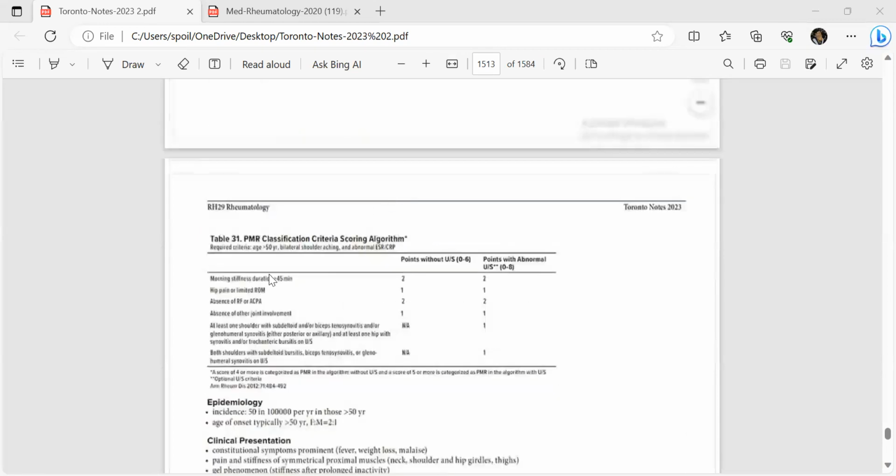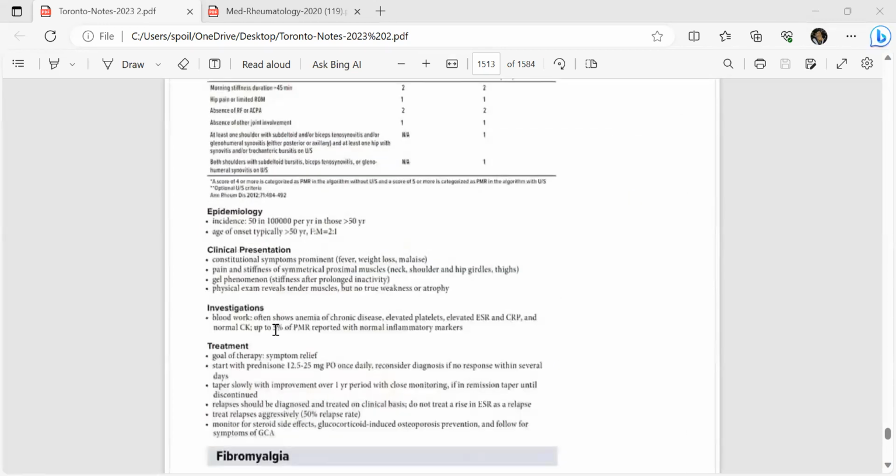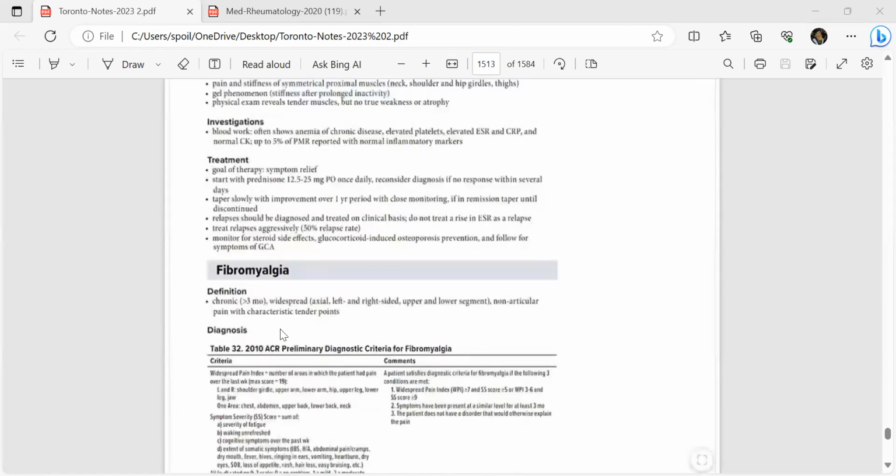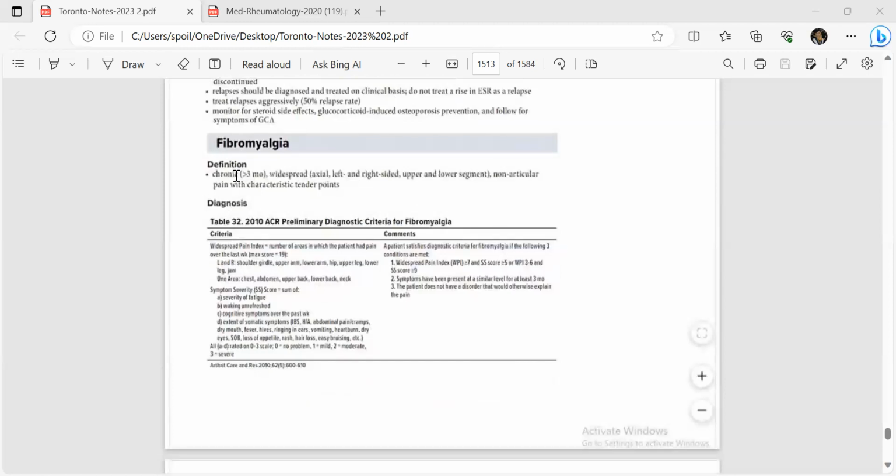If the chart and the symptoms are all available, we will say that the patient is in a relapse state, and then we will treat the relapse aggressively, because there is a 50% rate of relapse, and monitor for steroid side effects. Wherever we give steroids for a longer period of time, we definitely monitor the steroid side effects, and also closely monitor and follow up for symptoms of GCA.